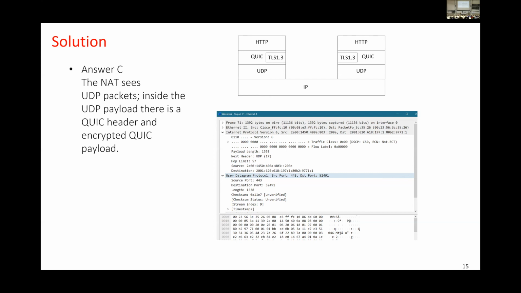Yes? So the question is, are there easy to use libraries of Quick? In my knowledge, no. Not as easy as what we do in Lab 3 with the sockets that are really very simple.